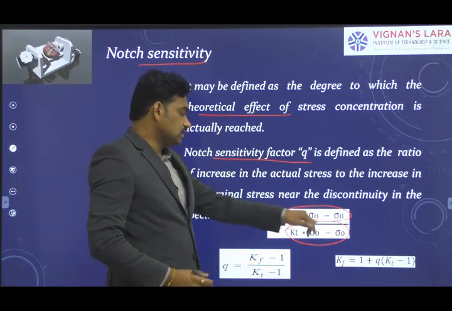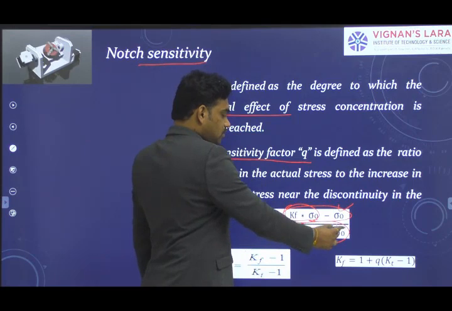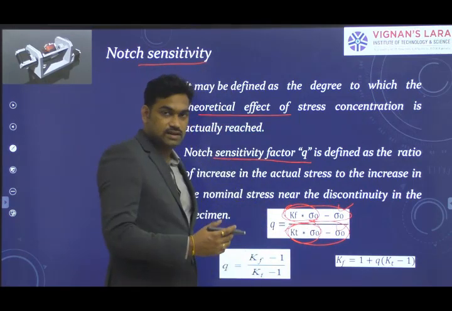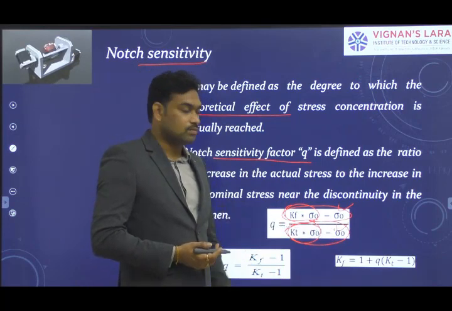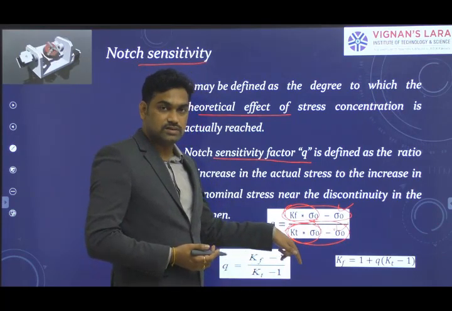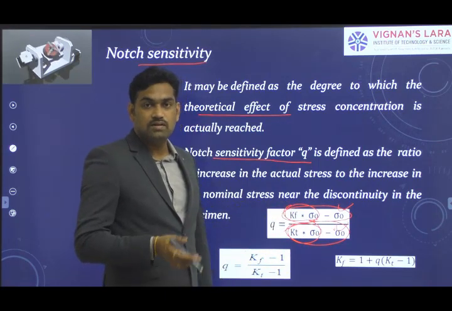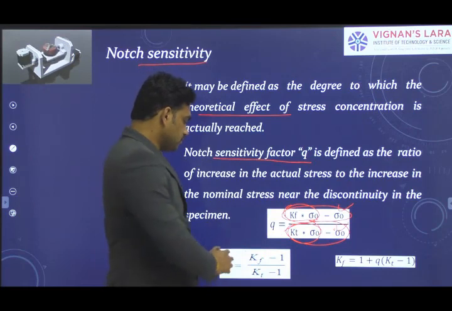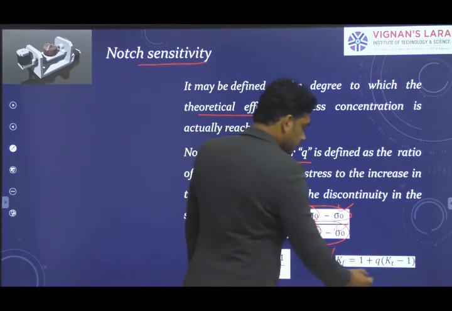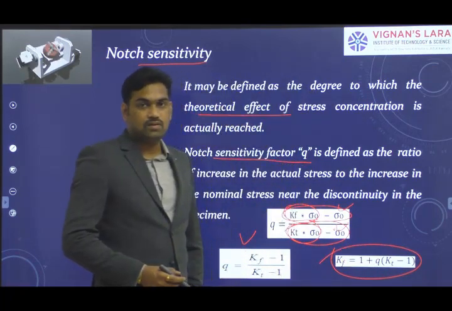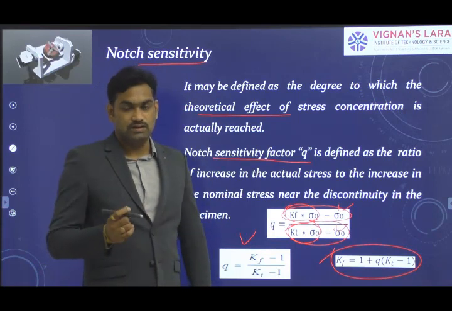In theoretical we use the theoretical stress concentration factor, and in fatigue, that is the actual case, we use the fatigue stress concentration factor. From that we can write Q as Kf minus 1 by Kt minus 1, and from that we can get the value of the fatigue stress concentration factor. Clear? So these are the terms we can use in this case.